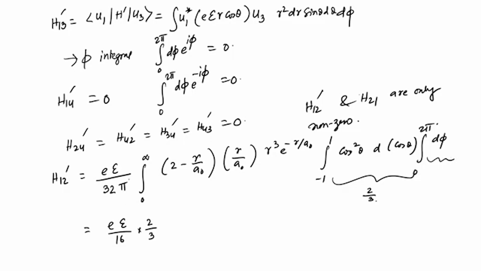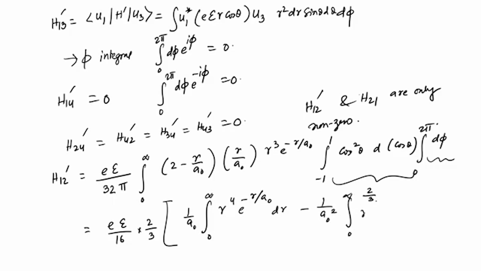So, 2 pi cancels with this pi here and makes it a 16 in the denominator, and now we have this 1 over a naught, and the integral from 0 to infinity of r to the power 4 e to the power minus r by a naught dr, and a minus 1 by a 0 square, and the integral from 0 to infinity of r to the power 5 e to the power minus r by a 0 dr and so on.